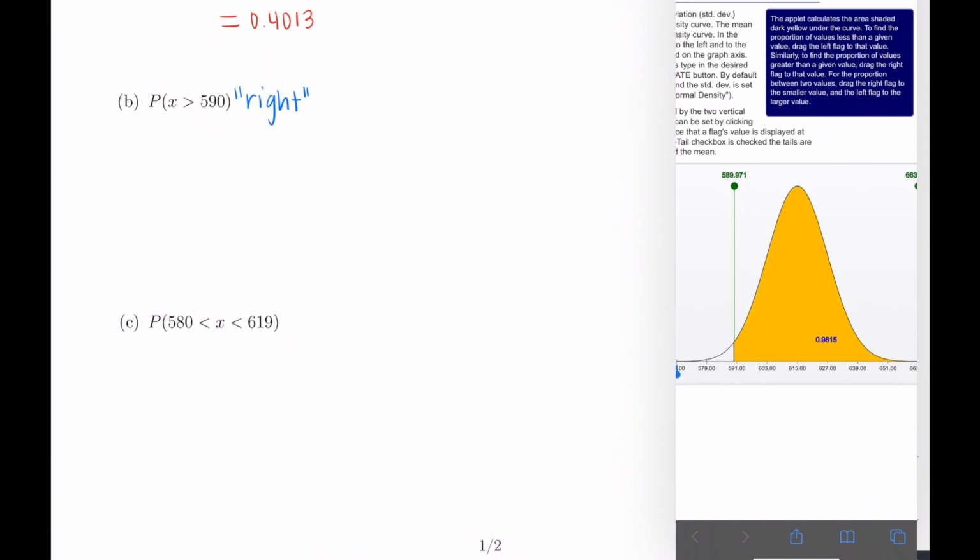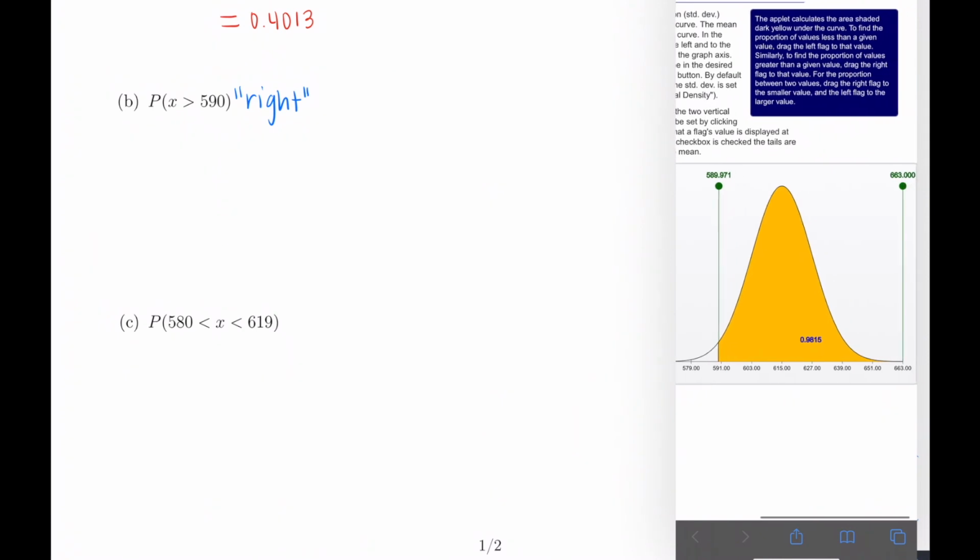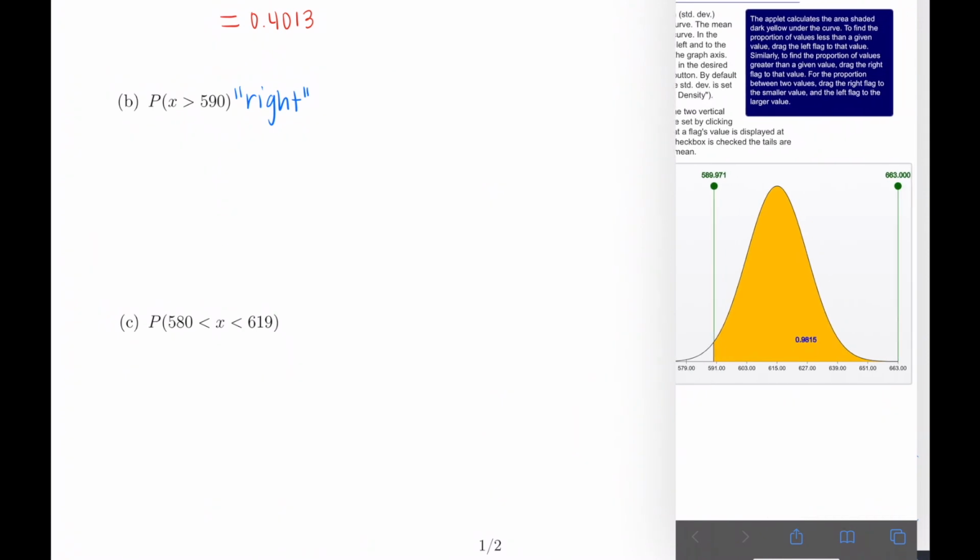When we look at this applet, we can see that the area to the right of 590 is approximately equal to 0.9815. It's not going to be exactly that because I can't get this green value up here to be exactly 590. That's as close as I can get.